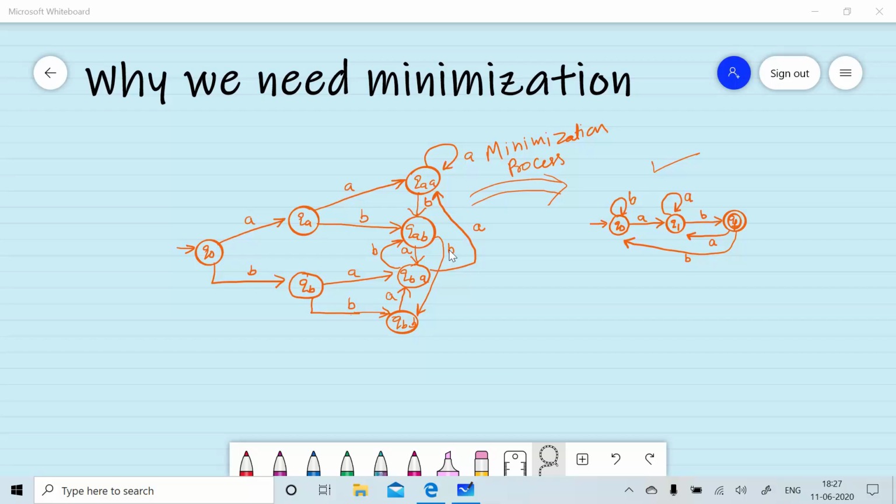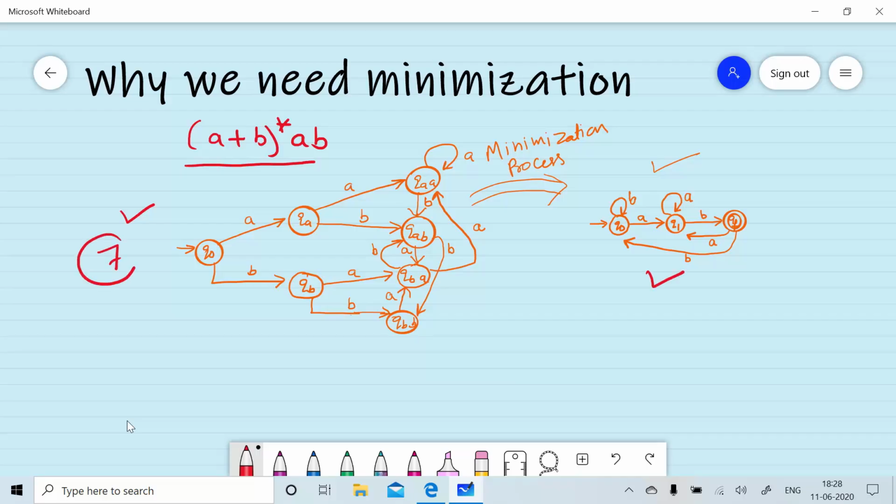So we will start with the question why we will need minimization. In the DFA design session, we had discussed a problem to design a DFA for (a+b)*ab, that is all strings that end with ab, and we had designed two DFAs, one with 7 states and the other one with 3 states.